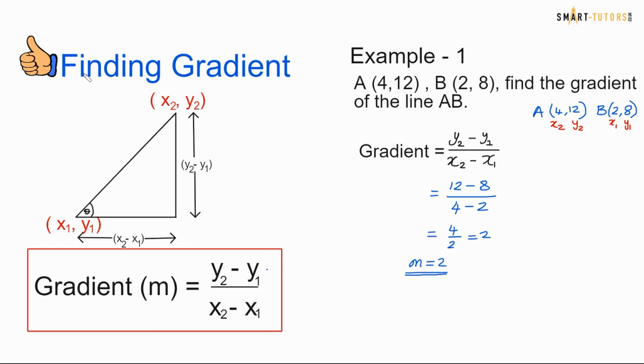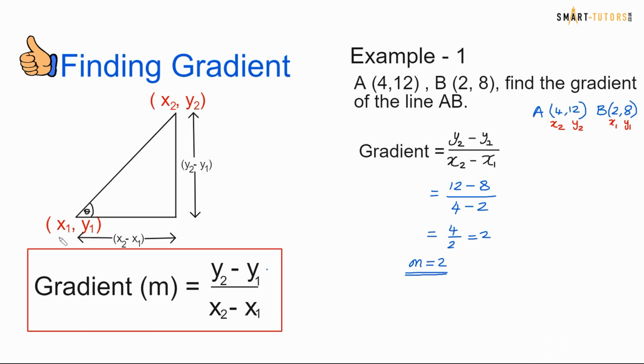Let's see the first section, finding the gradient. If you have two coordinates given, you can find the gradient of any line by difference of y divided by difference of x.